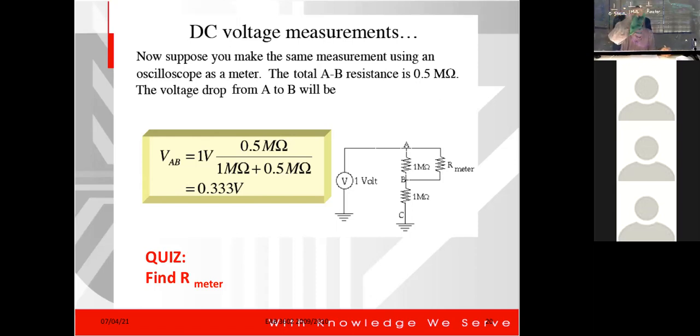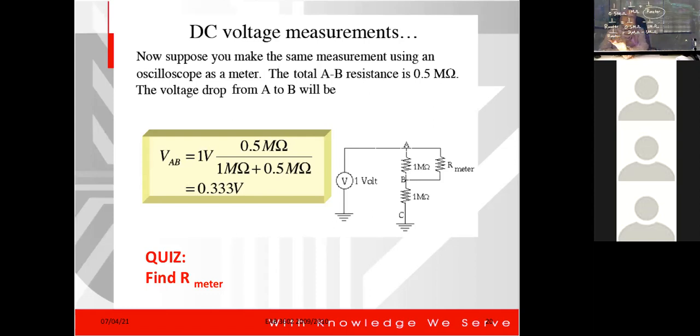So based on this equation, you just rearrange to get R meter. How do you rearrange? 1 over R meter is equal to 1 over 0.5 mega ohm minus 1 over 1 mega ohm, right? Correct. You can solve this now. This is equal to 2 micro ohm minus 1 micro ohm, equal to 1 over R meter.